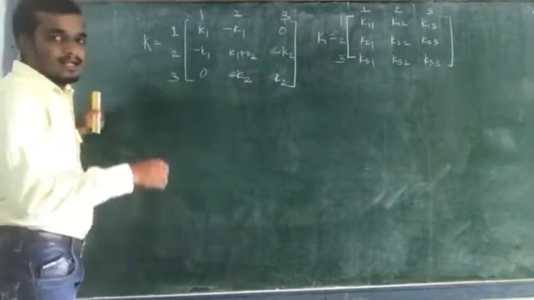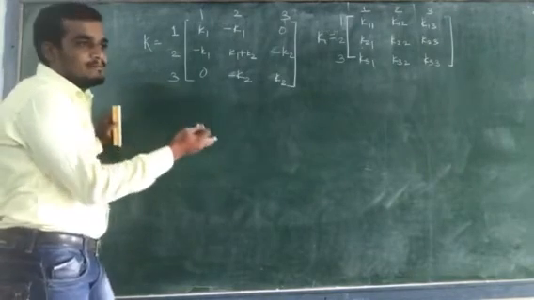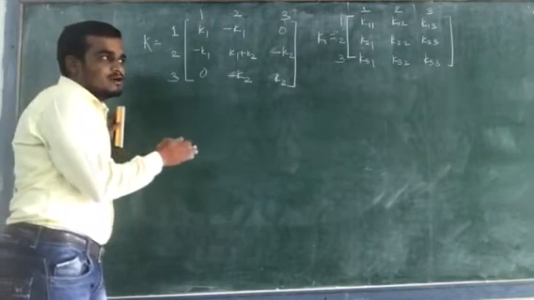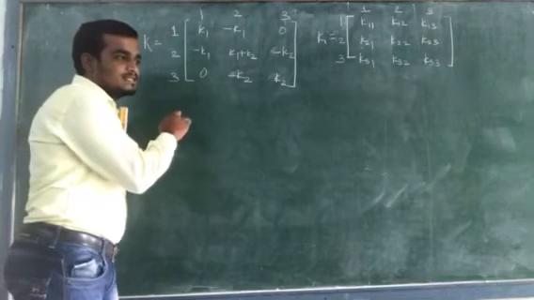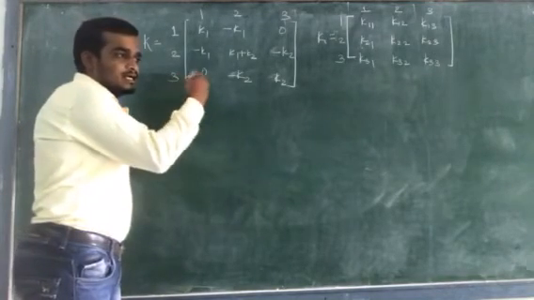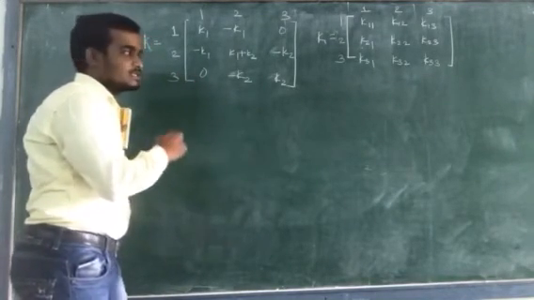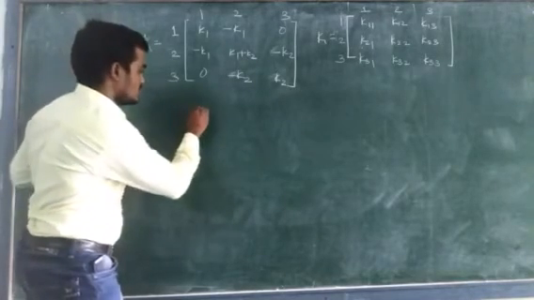Now, I will give one example for construction: if there are three spring elements, then construct the global stiffness matrix. Suppose this is your homework.